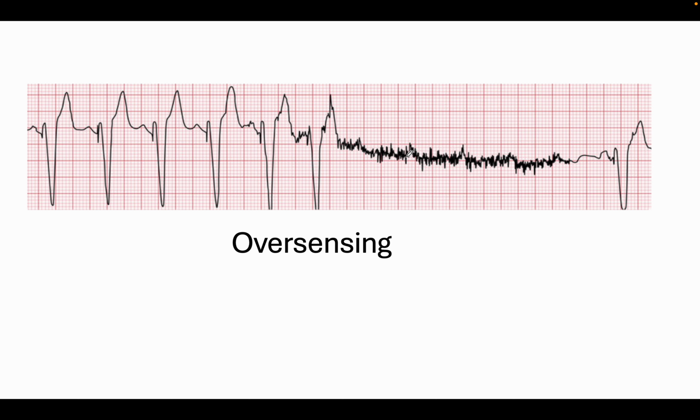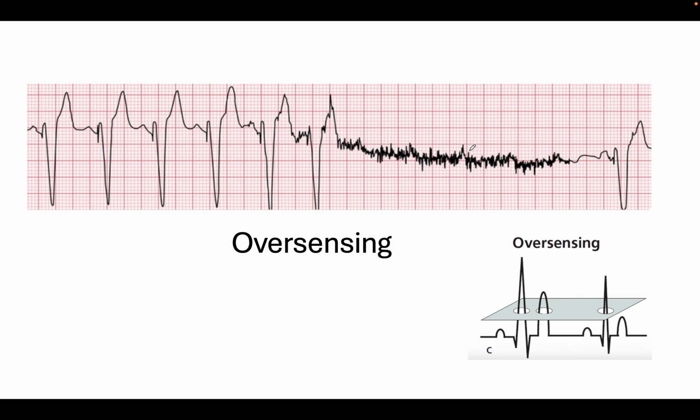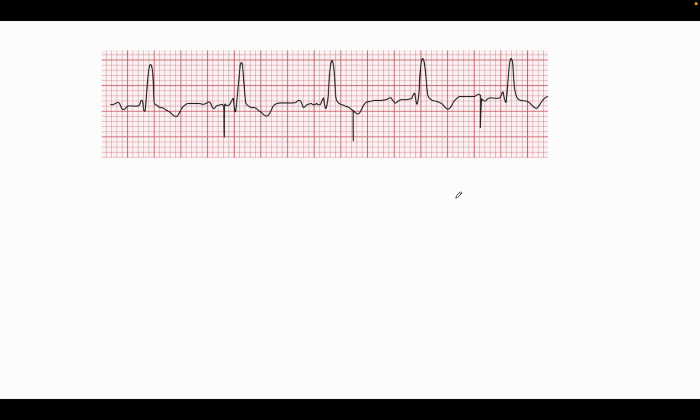So the pacemaker thinks, I don't need to pace because the heart rate's really fast, and so you see this area of no pacing, and that's just a diagram showing how you're no longer in that Goldilocks region of sensing, and how you're actually picking up other things. Sometimes in some cases the pacemaker could be picking up the T wave, can sometimes pick up the P wave, but in this case this is the patient moving their arm, and the pacemaker is actually picking up the skeletal muscle electrical contractions.